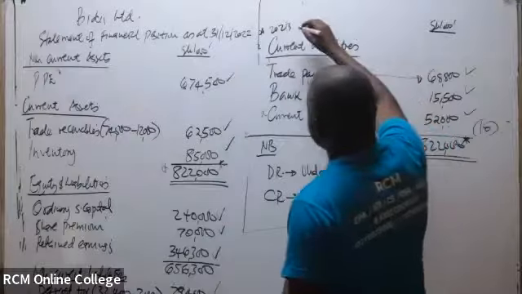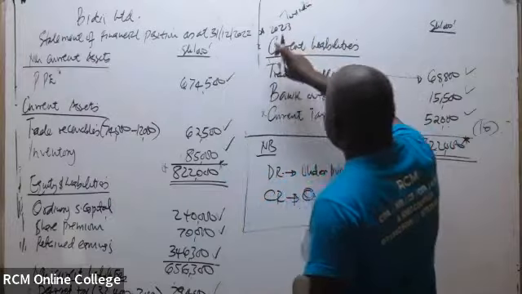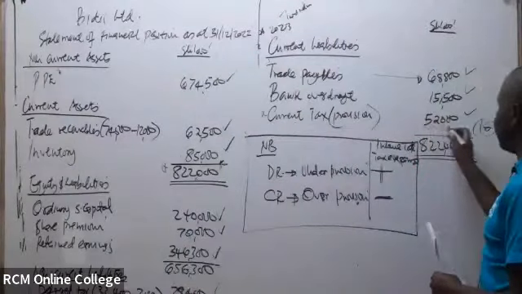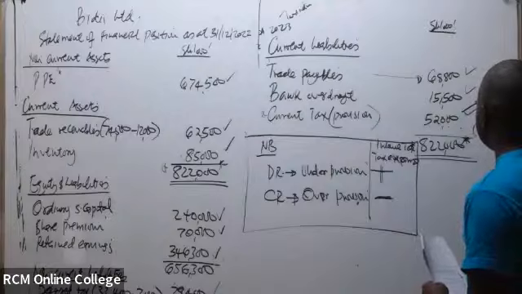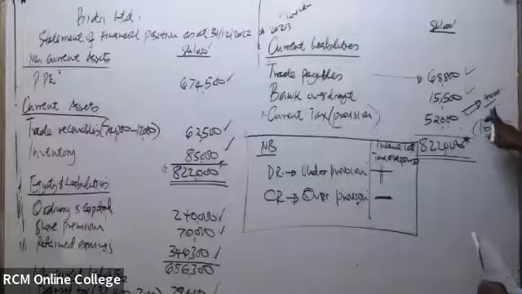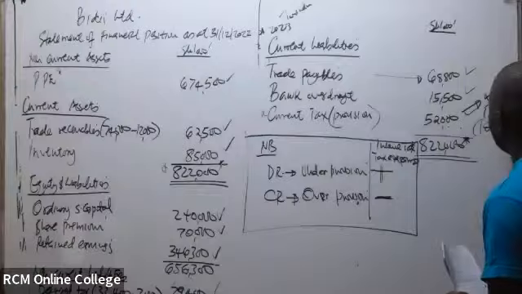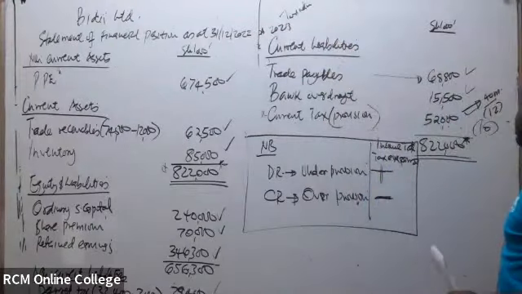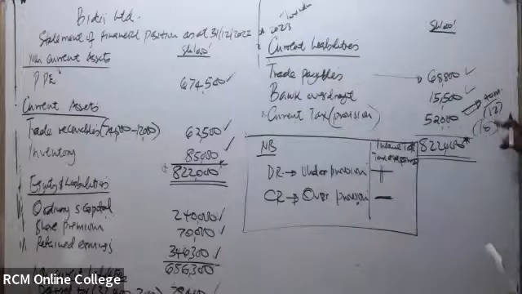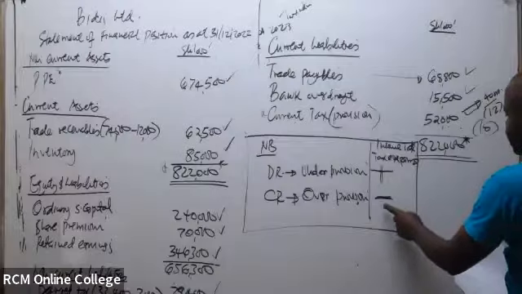But when settling with the taxman in 2023, they realize that they provided for 52 million, but now they have ended up paying maybe 40 million. So they had made an over provision of 12 million, which they won't pay the taxman. Therefore, it will reduce the coming year's tax.